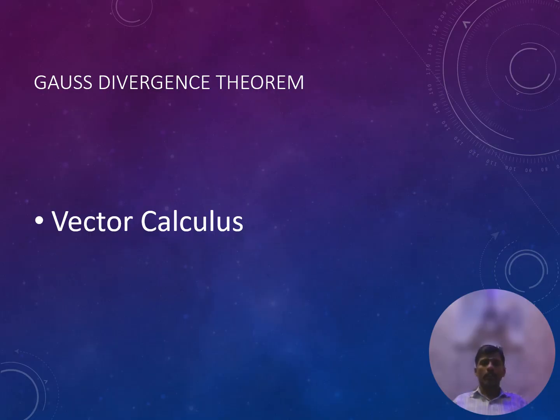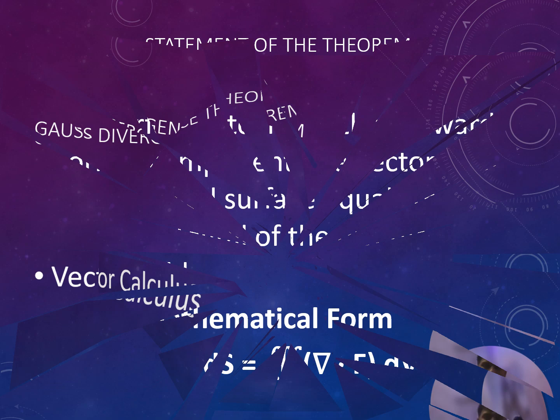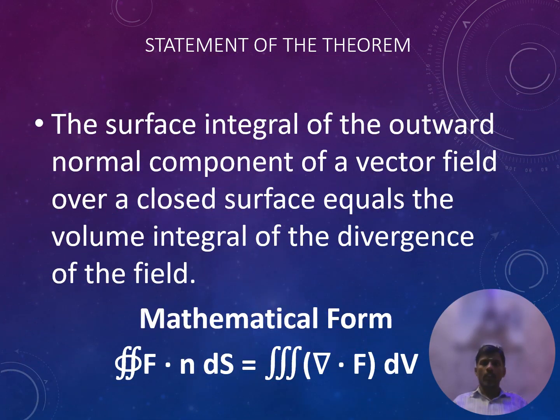Now I have chosen the topic Gauss divergence theorem. This is the main topic of vector calculus. Statement of the theorem: the surface integral of the outward normal component of a vector field over a closed surface is equal to the volume integral of the divergence of the field.